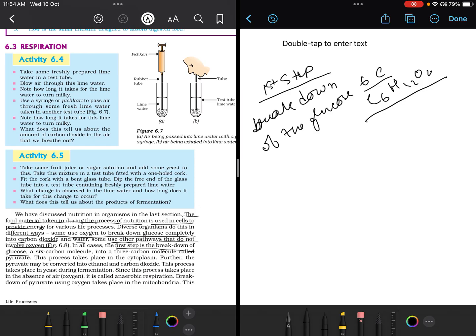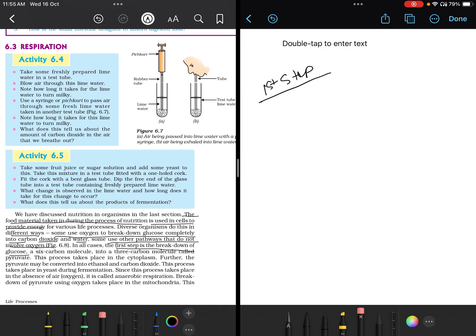From here, breakdown of glucose will result in a 3 carbon molecule, that is pyruvate. You just remember for the time being, the structures of glucose, pyruvate, etc. you will get in your class 11 biology and are needed there. For the time being, you just remember the names.